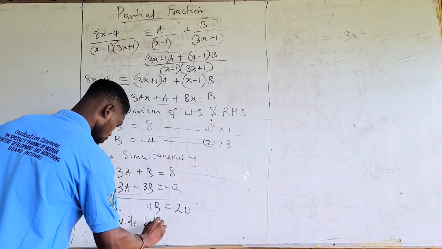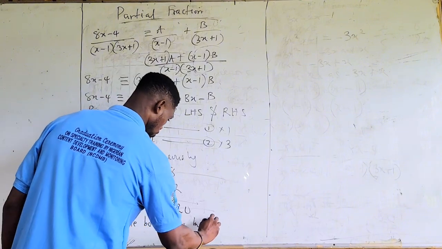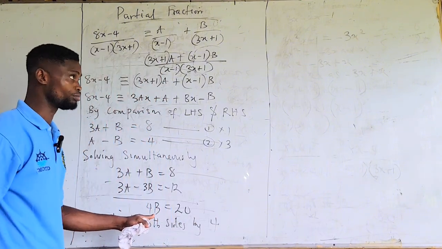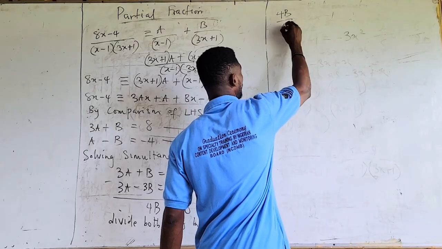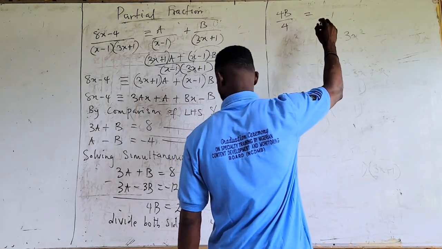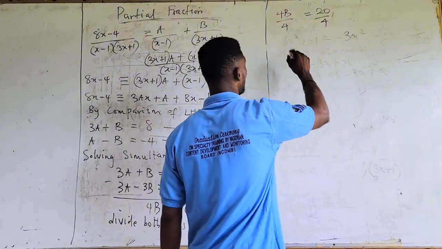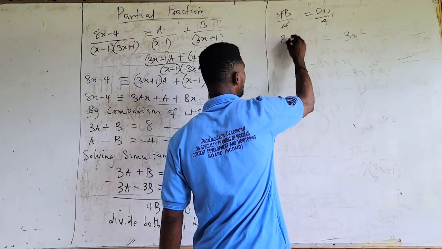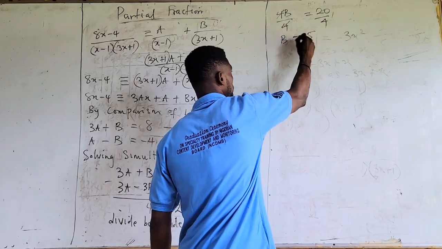So we divide both sides by 4. 4 is the coefficient of b. Therefore we have 4b over 4 equal to 20 over 4. Therefore 4 can cancel 4. We have b is equal to 20 divided by 4, which is 5.